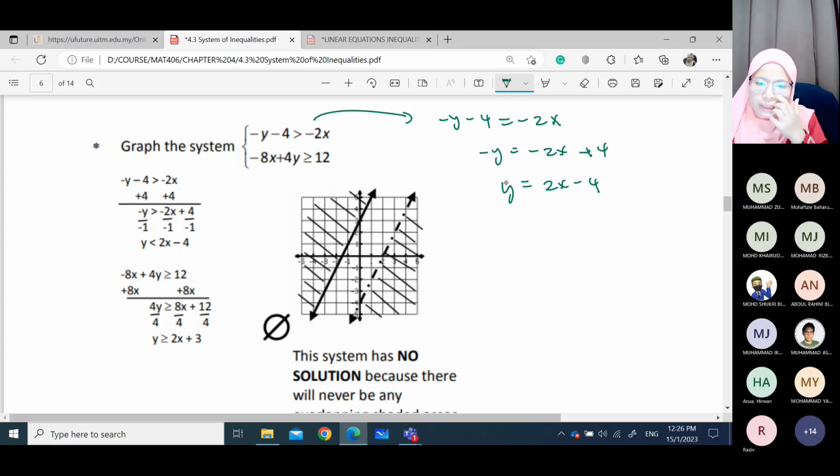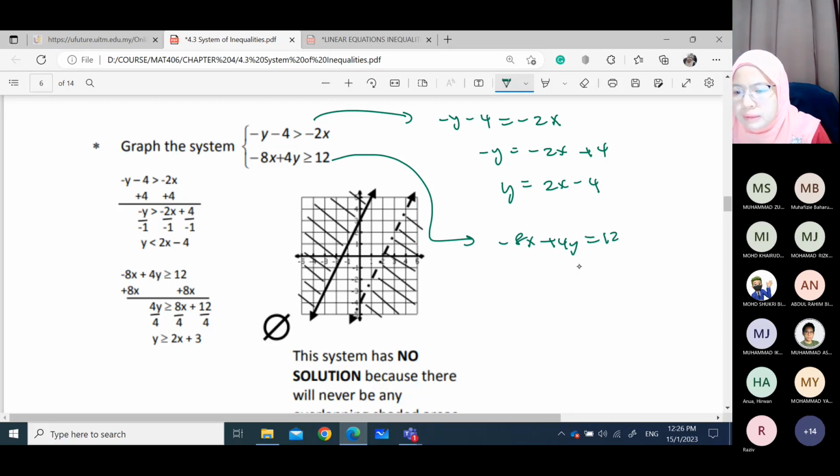Okay, so yang ini. So you plot graph untuk yang ini pula. Negative 8x plus 4y equal to 12. Right, so now we have 4y equal to 12 plus 8x. So y is 12 over 4, we have 3. 8 over 4, we have 2x.